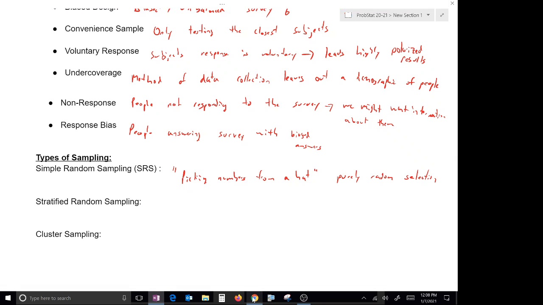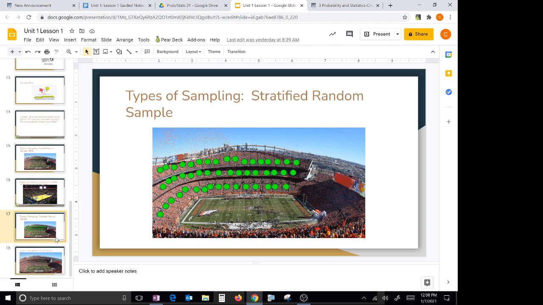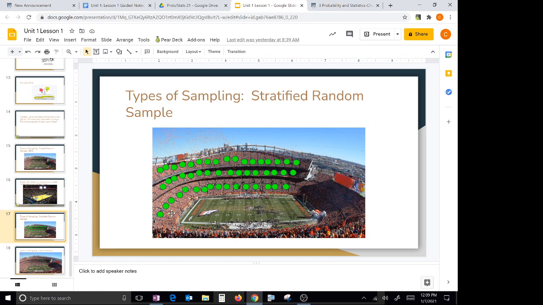So next we have a stratified random sample. This one's a little bit more organized, but still semi-random. Instead of everybody in the stadium getting an equal chance, a stratified random sample says that we go in each section, and then we pull our numbers from a hat. So in this section here, we pick one person. In this section, we randomly pick one person. And we do that for every section. That allows us to make sure that we are getting essentially everybody in every part of the stadium.